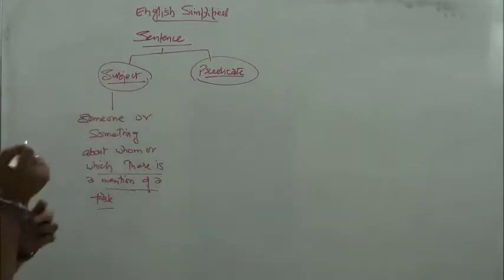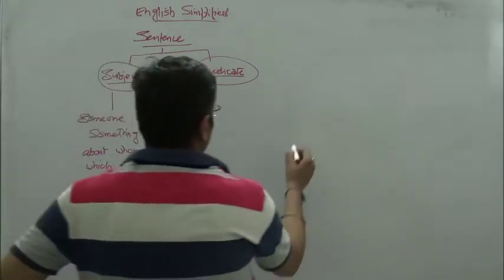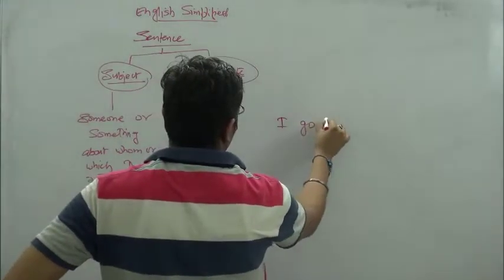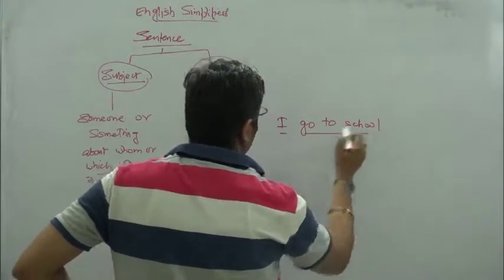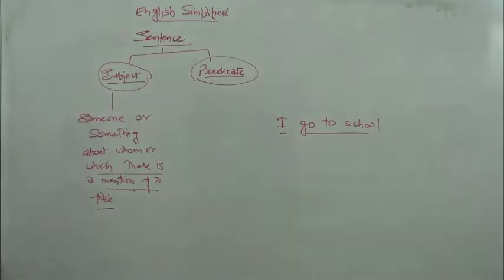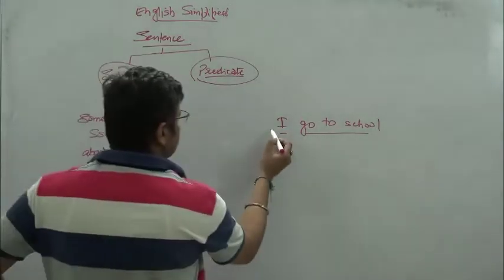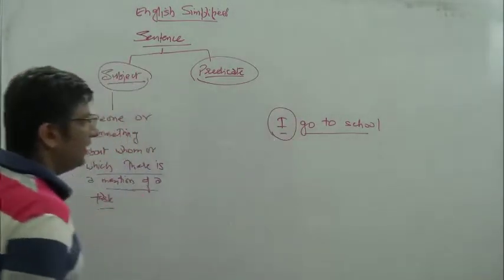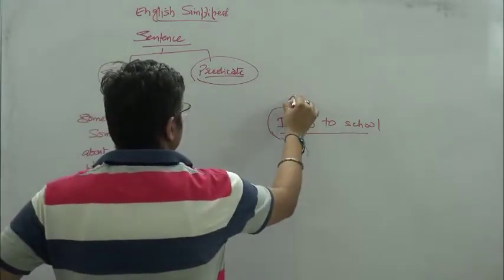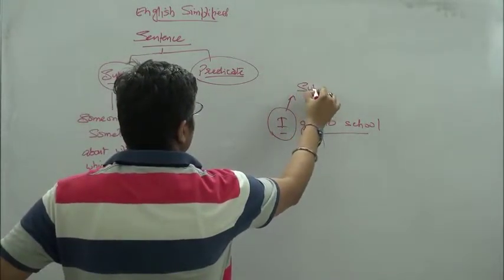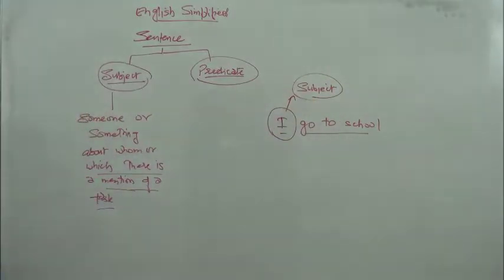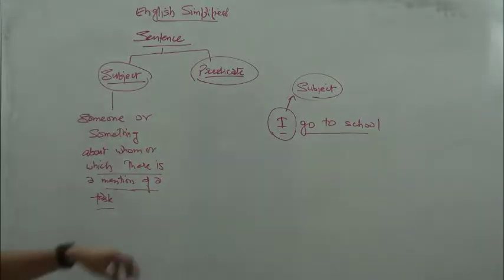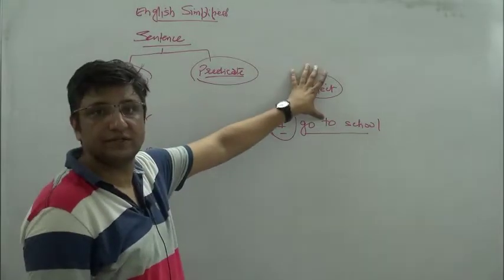Okay, so for example, I go to school, right? So of course the sentence refers to the word I, and this becomes the primary thing in this sentence, something or somebody who is being referred to, and that is where I is a subject.